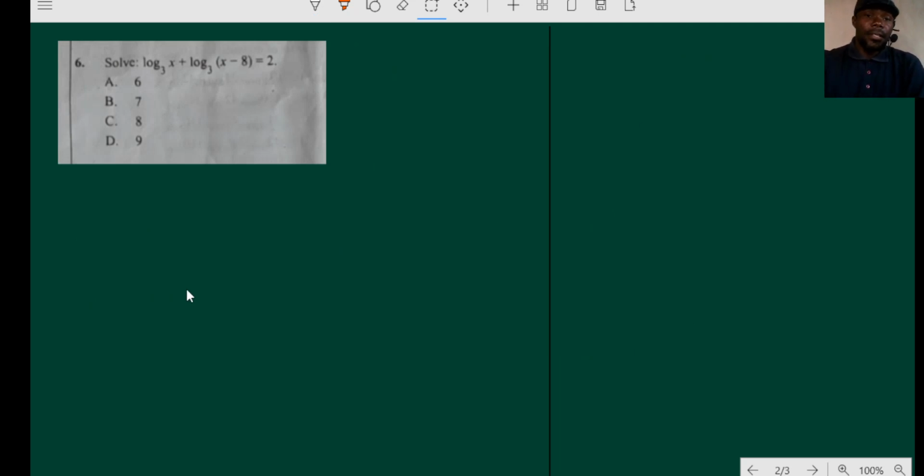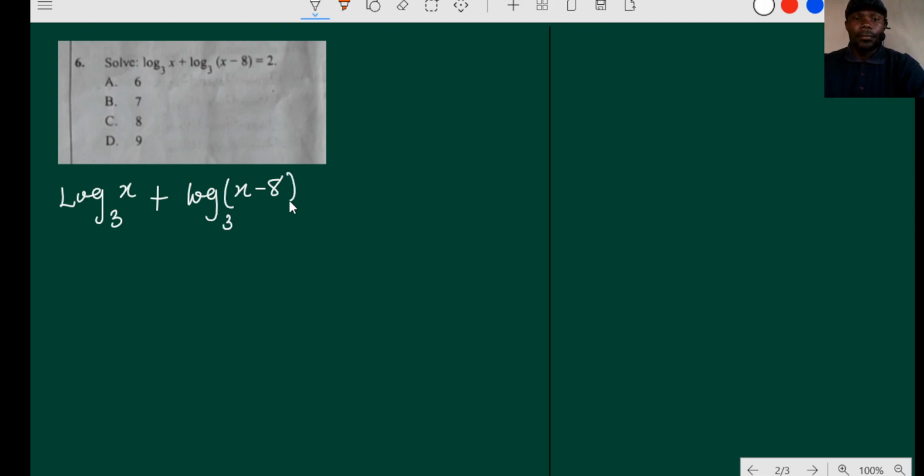Now this is a logarithm question, so let's solve it. He said log x base 3 plus log x minus 8 base 3 is equal to 2.